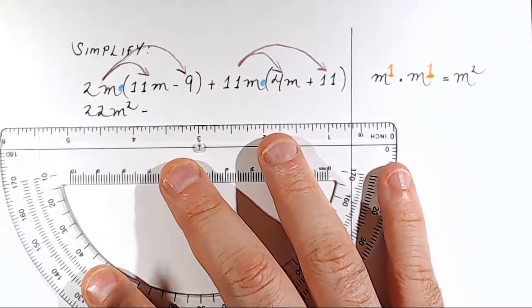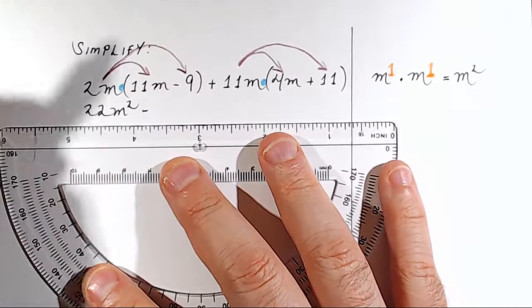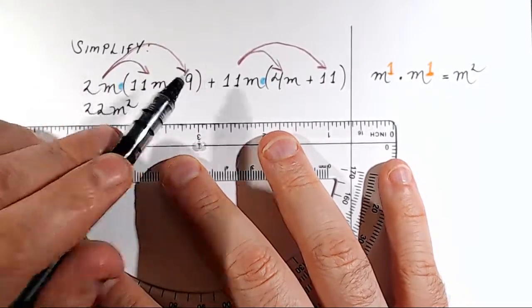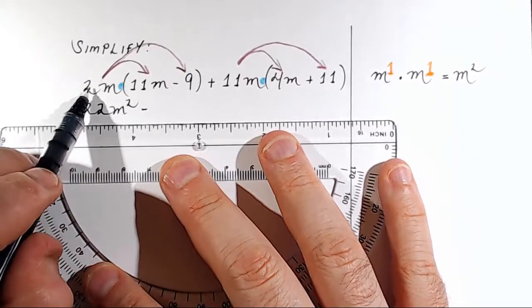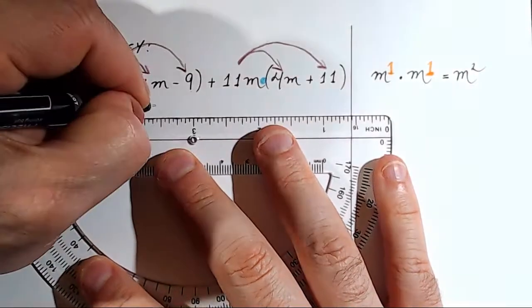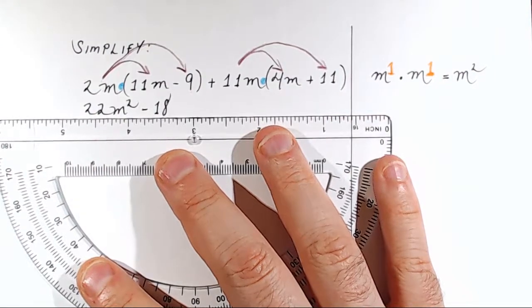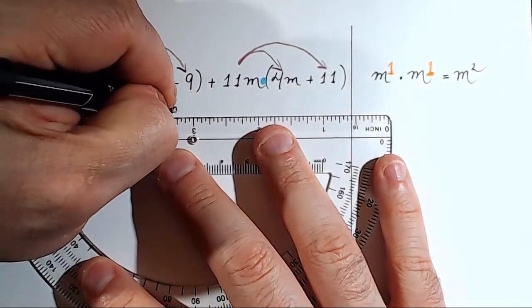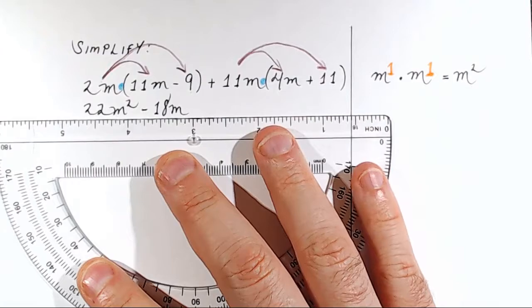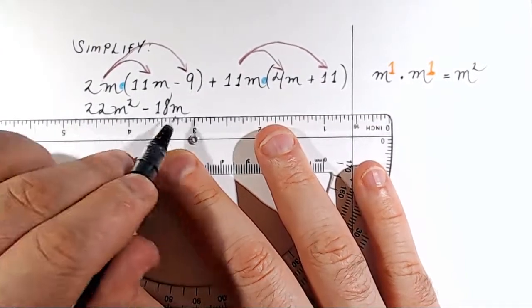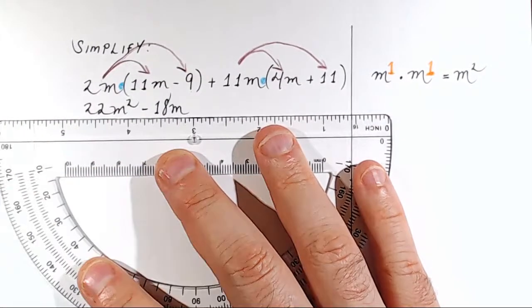Just don't put two minus signs anywhere because there's only one minus sign. So 2m times 9, well, 2 times 9 is 18. And there's no m to multiply by, so the m just comes along for the ride. So there's our first expression, simplified.